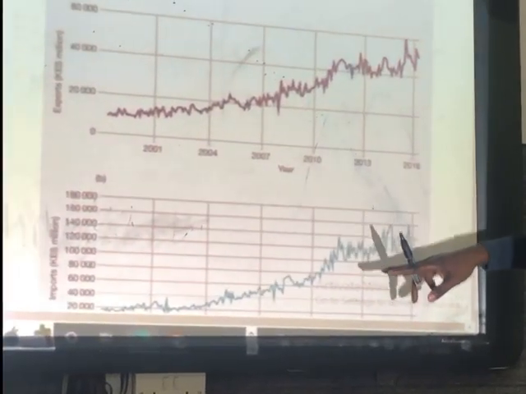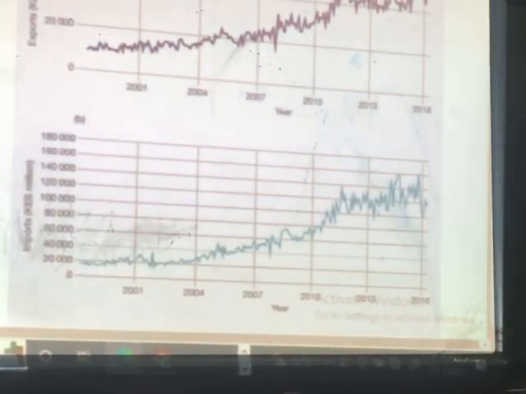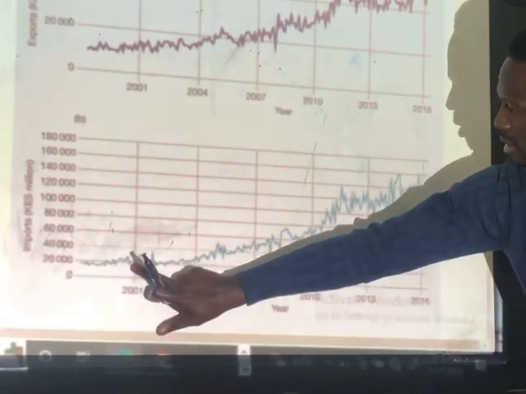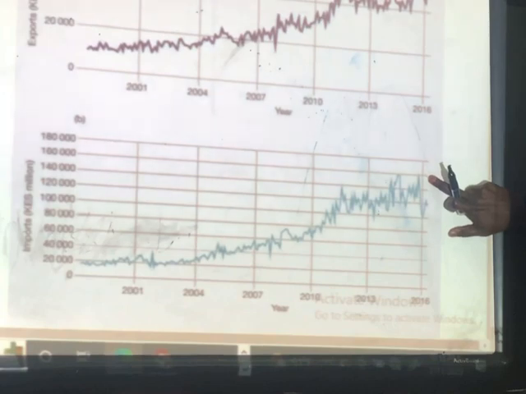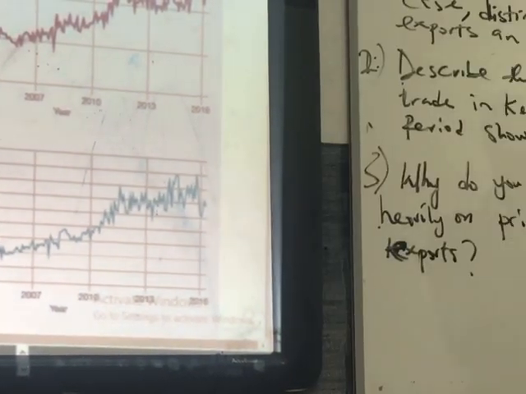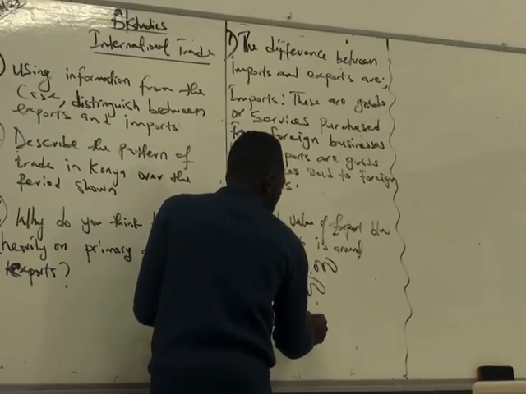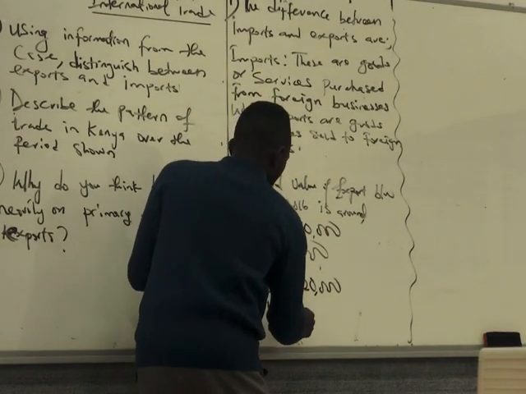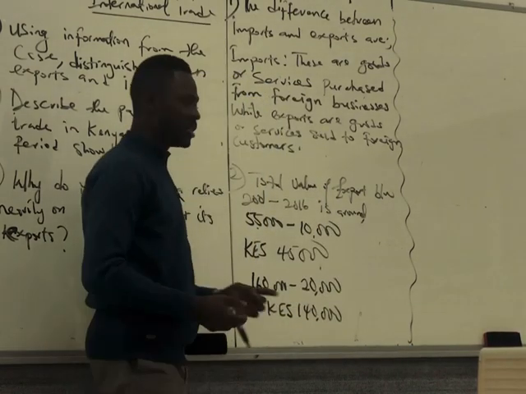Between 2001 and 2016, the figure here in 2001 is 20,000, and now around 160,000. So the difference is 160,000 minus 20,000, which is KES 140,000, right? So what can we deduce here?